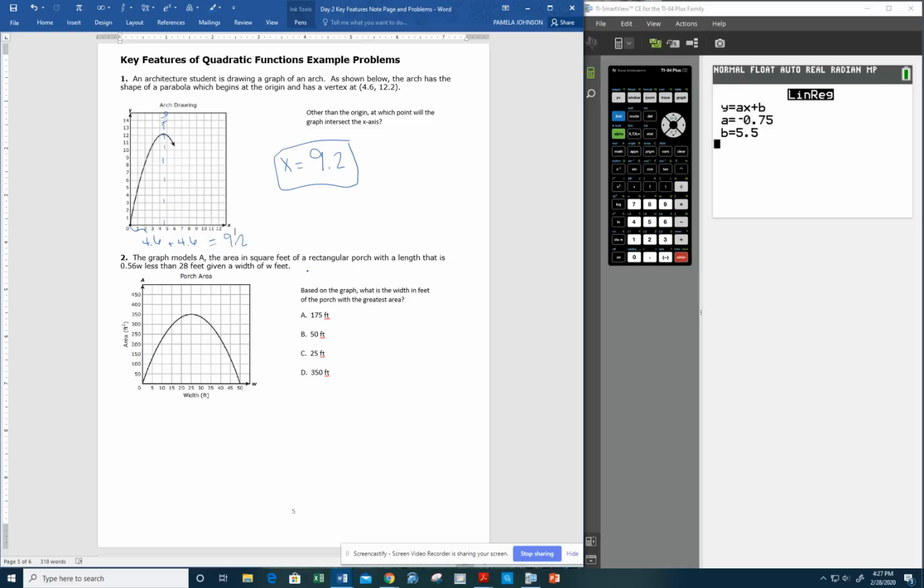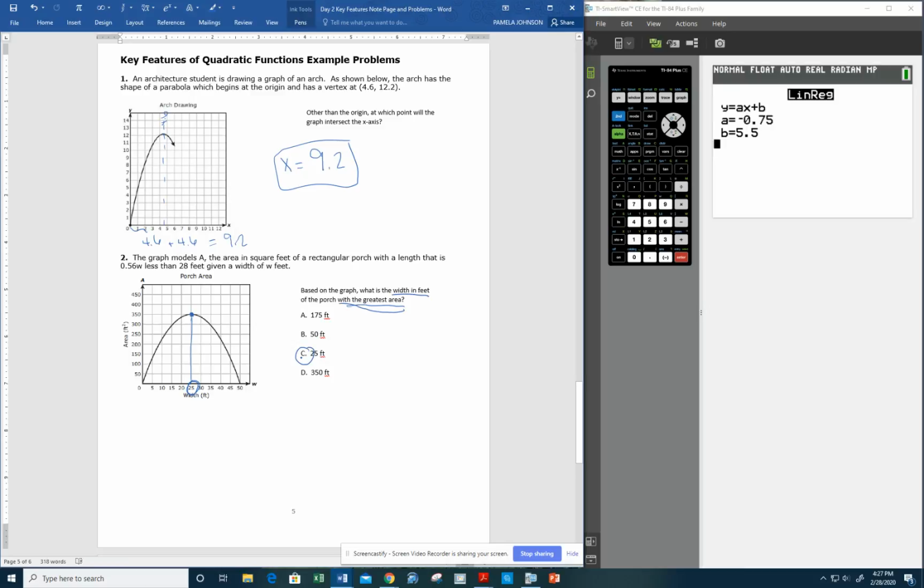You just have to look at the graph. So if you look at the graph, you're looking for what is the width with the greatest area. Okay. So I'm looking at my vertex point. My largest area is right here, but it's actually asking about the width. So the width is 25 feet.